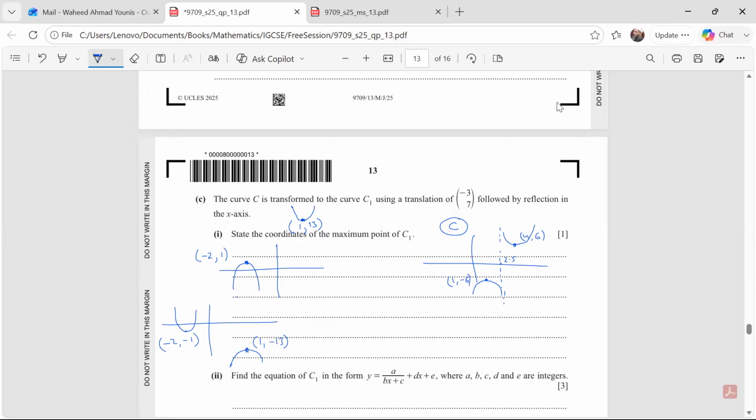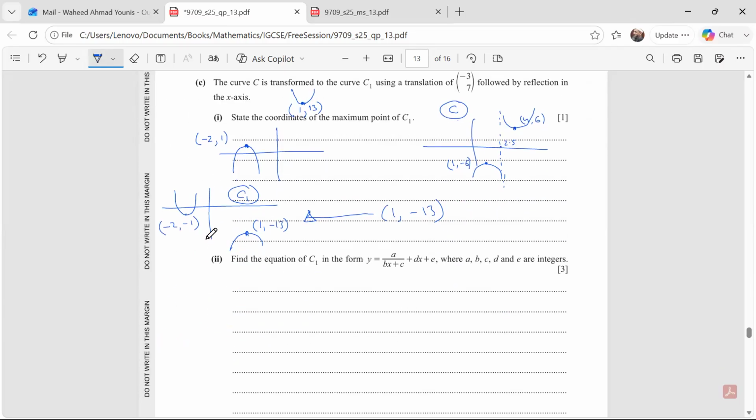Okay, I hope it's clear that when I take the reflection of this curve in the x-axis, I will get these 2 points, right? Now the question is, state the coordinates of the maximum point of C1. Okay, this was C and this is C1. So the maximum point is 1 and -13. Okay, this is the maximum point of the curve C1. Okay, I hope it's clear.